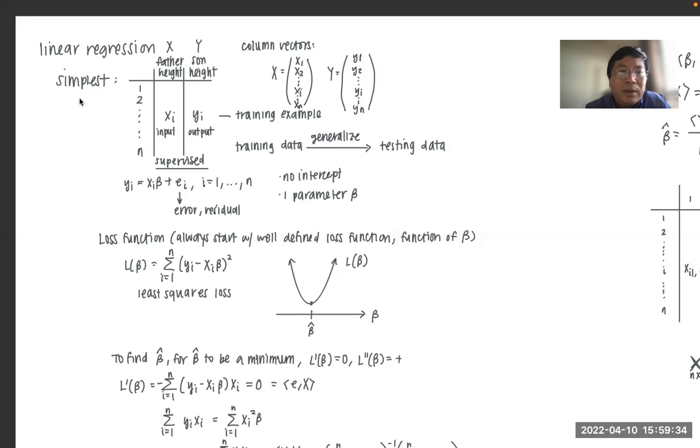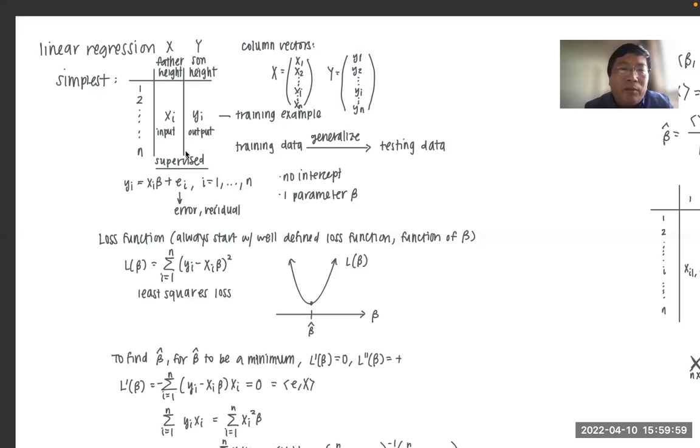However, for this simplest regression, we don't even have an intercept term. So whenever I teach regression, I always start from the simplest regression, because when we later study other more complex models, we can also start from simplest regression, and we can learn a lot from it, so that we can generalize this.